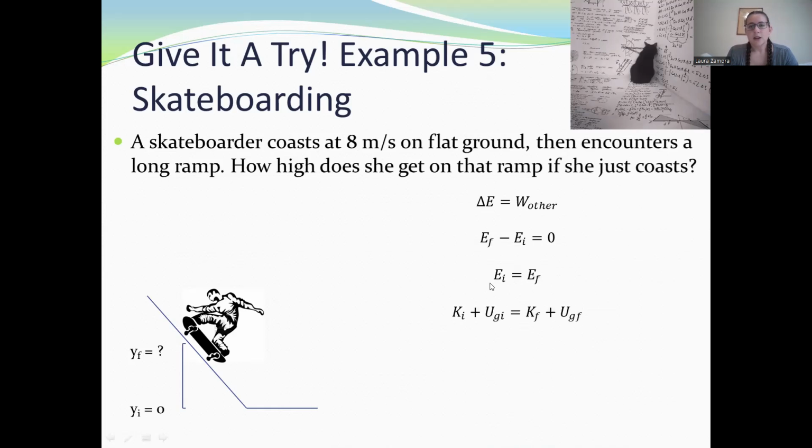Okay. So our initial total energy is our initial kinetic energy plus our initial gravitational potential energy. And likewise, our final energy is our final kinetic energy plus our final gravitational potential energy.